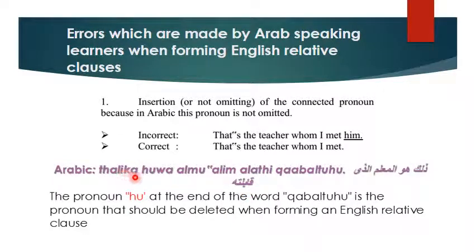So ذلك هو المعلم الذي قابلته is the Arabic version, and it has been translated literally into him in English, which was the cause of the error here. The pronoun at the end of the word قابلته is the pronoun that should be deleted when forming an English relative clause.